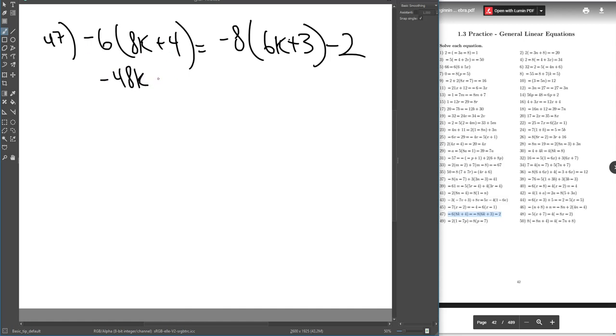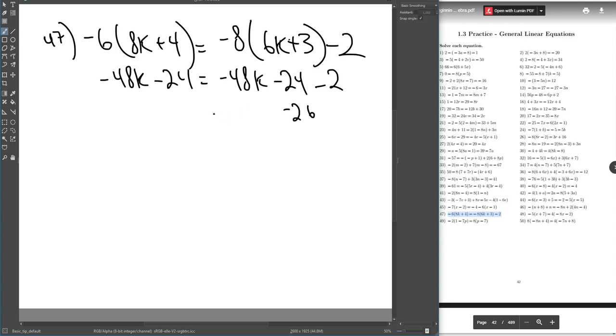Minus 6 times plus 4 equals minus 24. Equals minus 8 times 6k equals minus 48k. Minus 8 times plus 3 equals minus 24, minus 2. All right. So these right here come to minus 26.